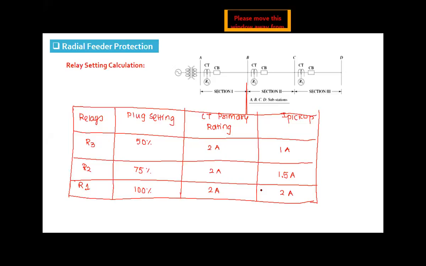The next setting is TMS. In TMS setting, you know we require the PSM, plug setting multiplier, that is fault current upon pickup current. So we have to calculate the fault current now, and we have considered three fault positions here.